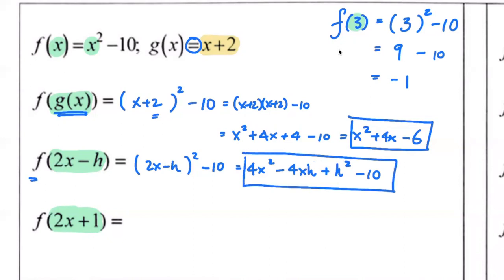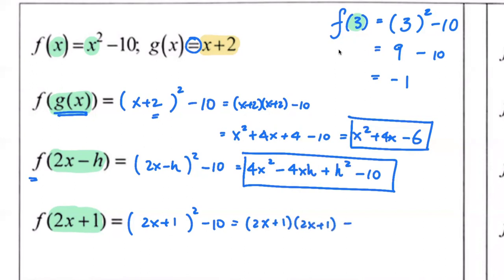So that is your final answer. Okay. And then the last one, same thing. Okay, 2x plus 1 squared minus 10. And again, if you do the FOIL for the parentheses, you would see that there should be a constant left behind. That means you will have some like terms to combine.